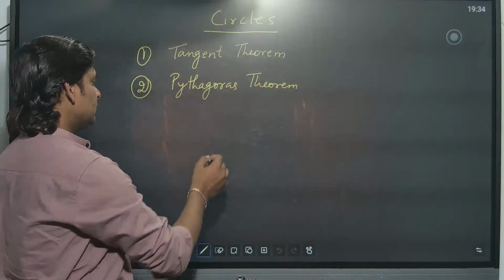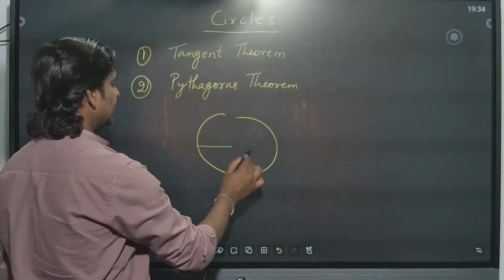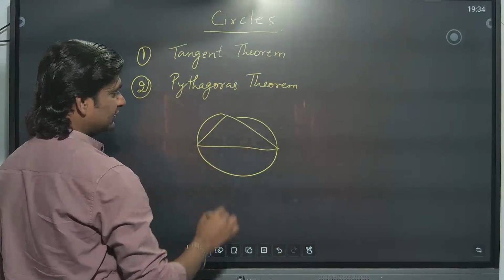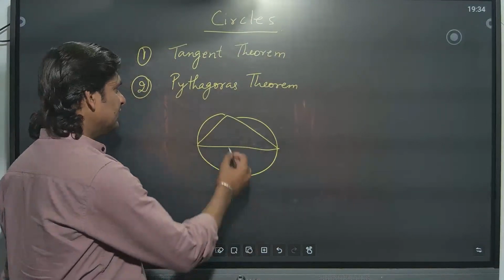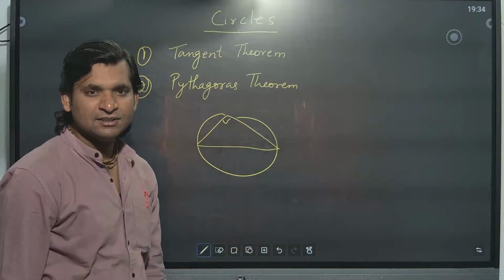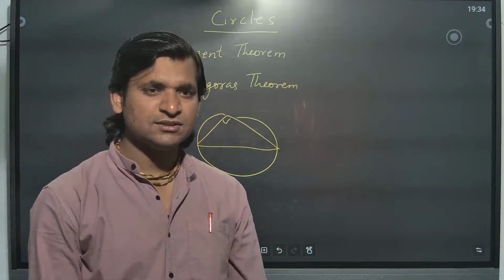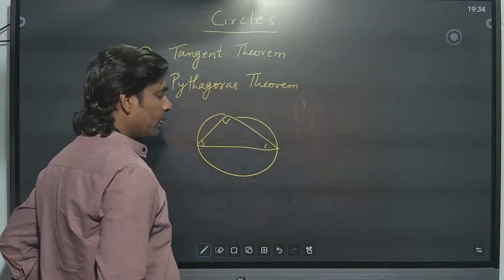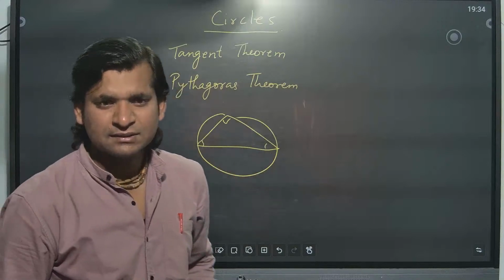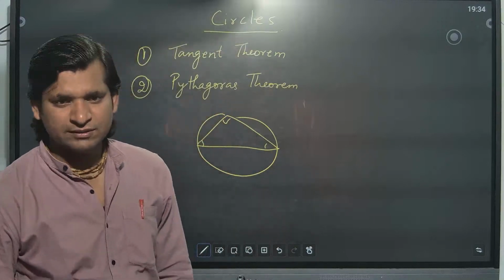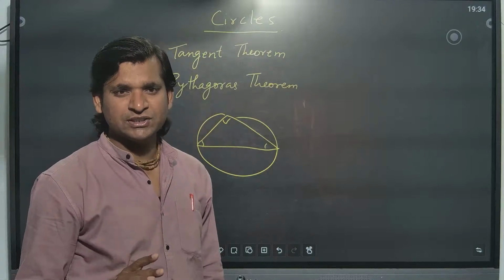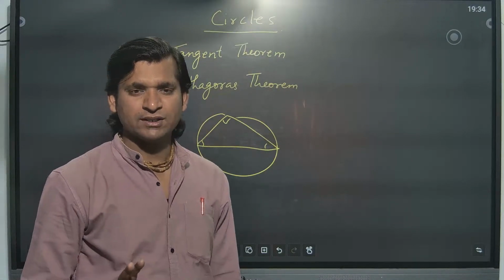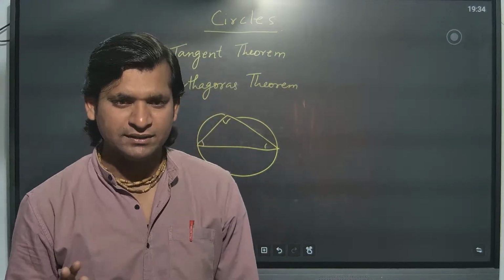So suppose this is a tangent, it draws a semicircle, then what is the angle in a semicircle? 90 degrees. So this kind of based question they will ask. So based on this, many questions are there. While explaining the question, I will tell you what are the things you have to keep in mind.